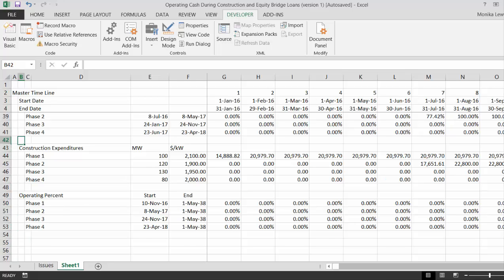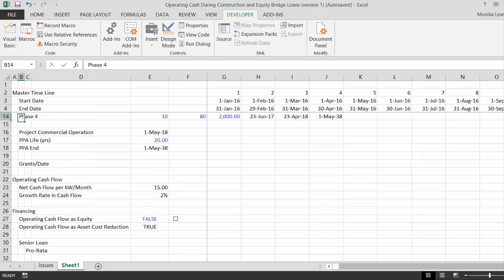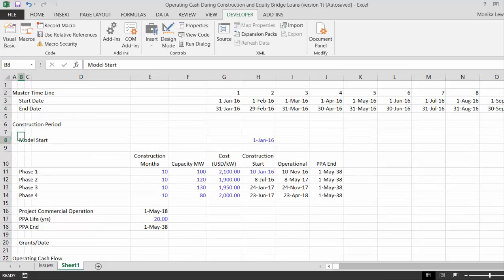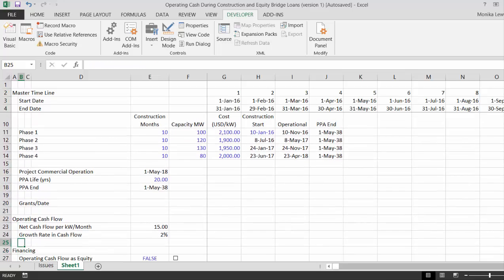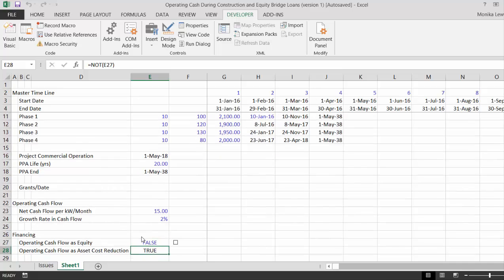Let's see what we have next. So the next thing I put is the PPA life, and I hope I put some operating cash flow. So this is that, and this should be the annual growth rate, just so we are very clear about this.